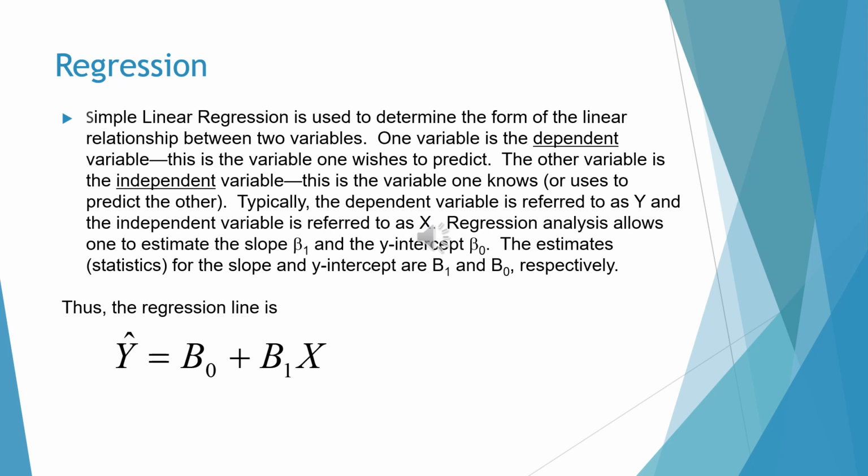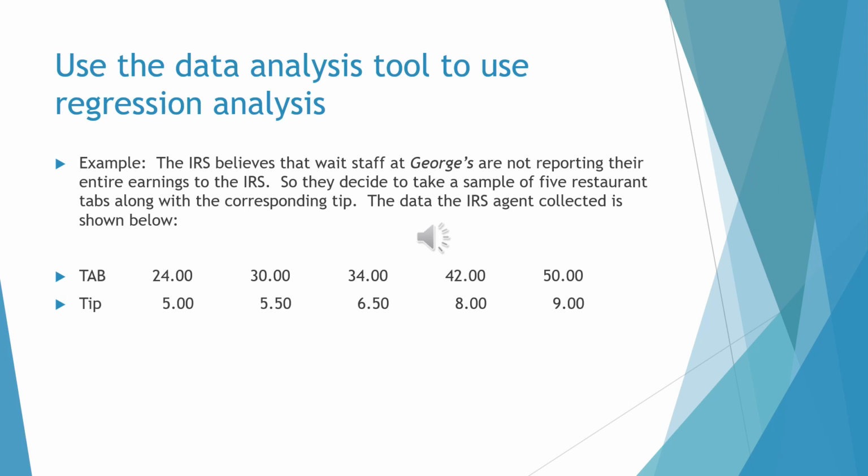We're going to have to use some software to do that. So let's look at a very quick example. George's is a restaurant. The IRS believes that the wait staff are not reporting their entire earnings to the IRS. This is a very small example. They would take more restaurants, but in this very small example, they take a sample of 5 of the tabs.